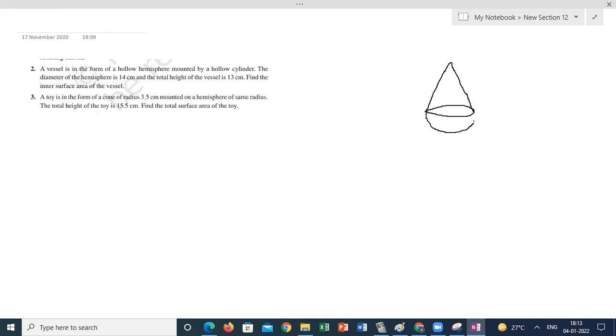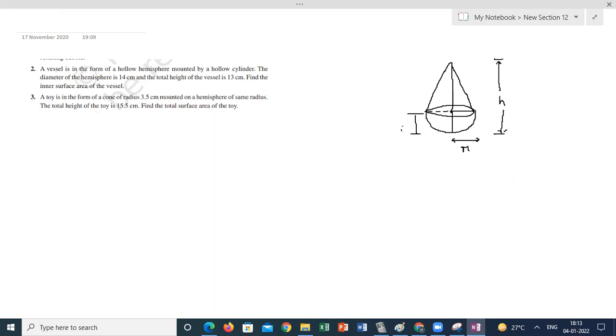mounted on a hemisphere like this. This is the total height of the toy. The total height of the toy is the radius of the hemisphere plus the height of the cone. This is a visualization. We have to visualize like this. This is what the toy looks like. From here to here is the radius of the cone as well as the sphere.